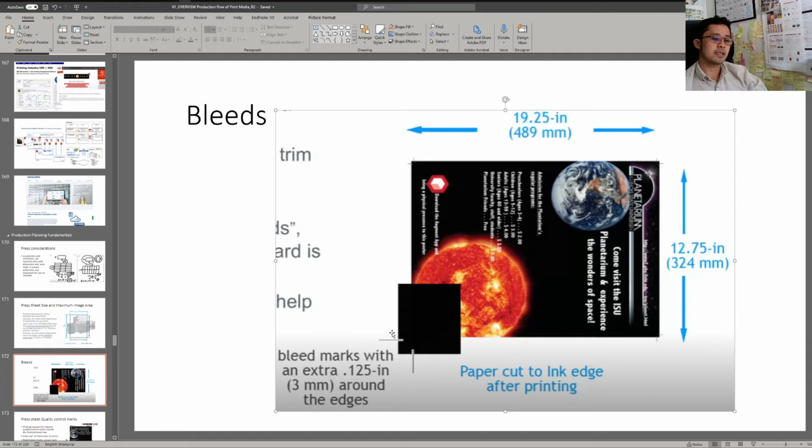Extra 0.125 bersamaan dengan 3 mm lah, around the edges, di luar dia. So meaning to say that the total image is extend beyond, include termasuk bleed yang telah ditentukan.